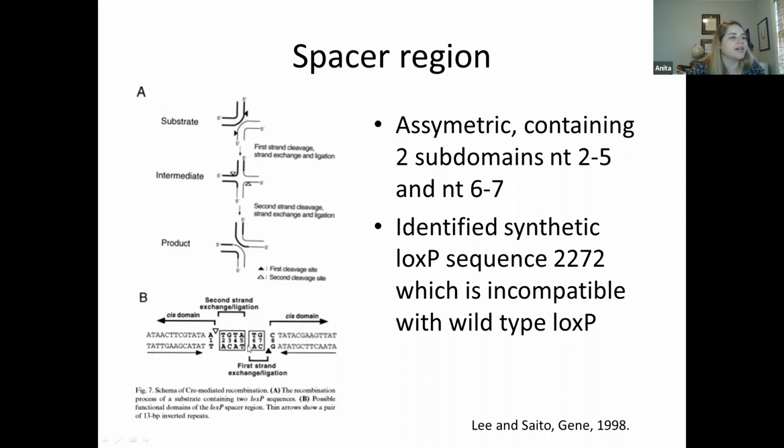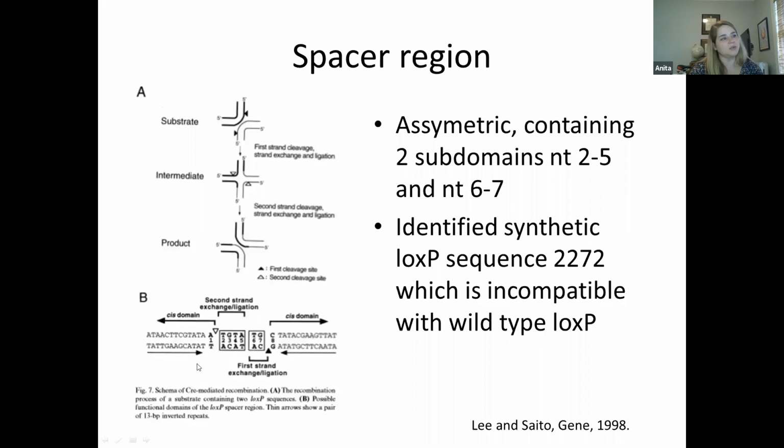They identified two different domains that are important for separate parts of the LOXP recombination reaction, the biochemical process we talked about. In doing this, they made a synthetic LOXP site. This particular paper developed the 2272 LOXP site.